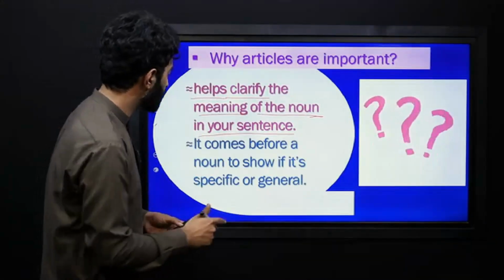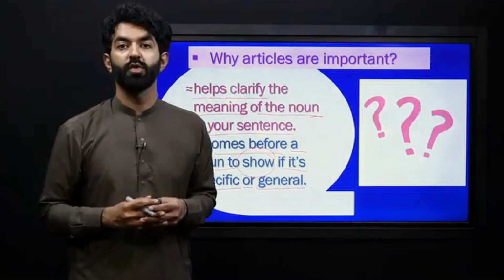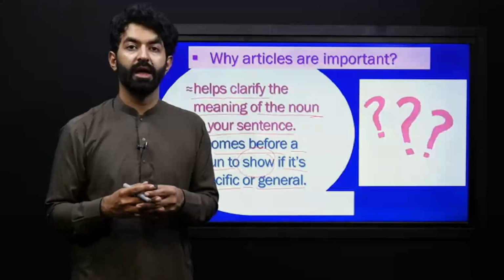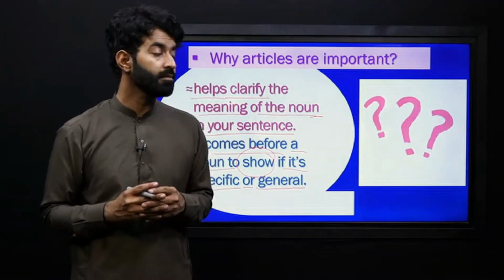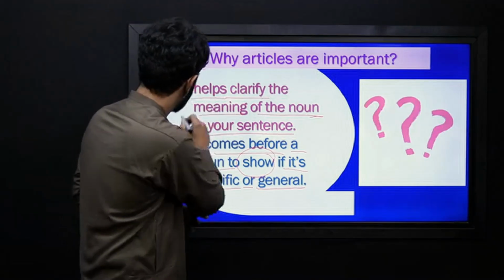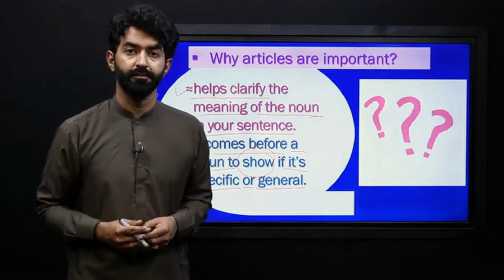Furthermore, it also comes before a noun to show if it's a specific one or general. So we know that with a general we use a and an, and with something specific we use the. So these are the two purposes of articles and why they are important.